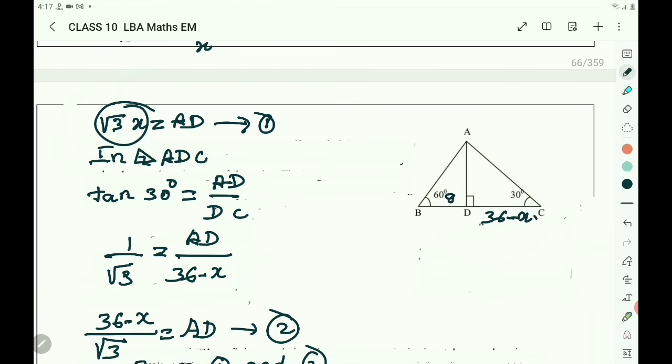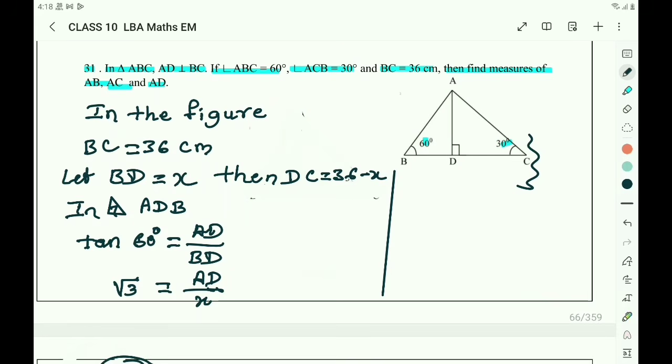This is 9, which means 36 minus 9 equals 27. You got BD equals x equals 9 centimeters.